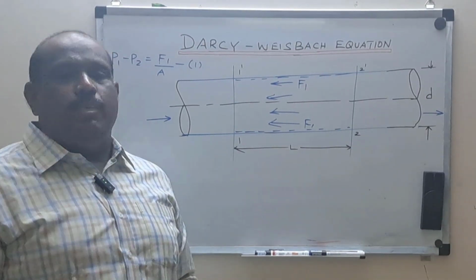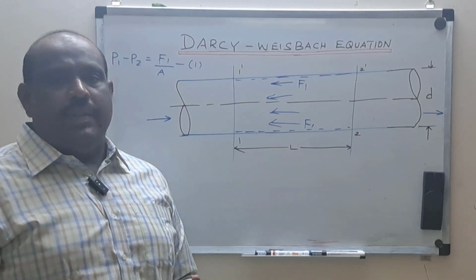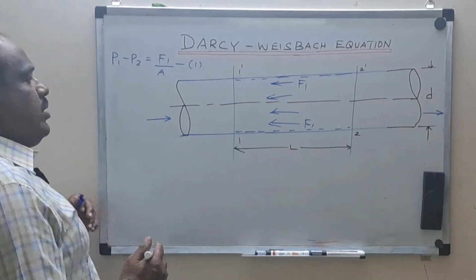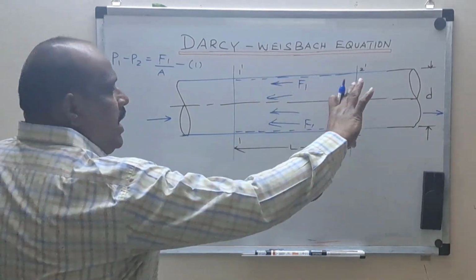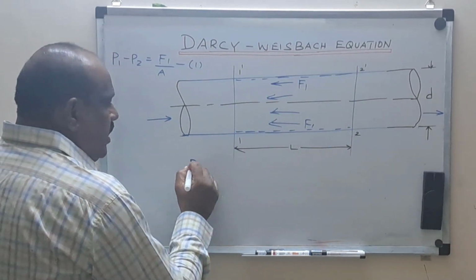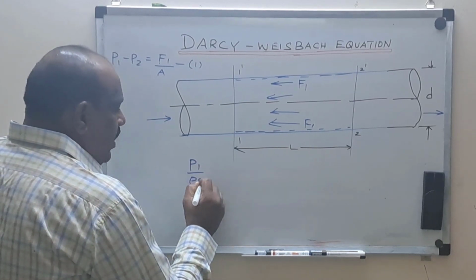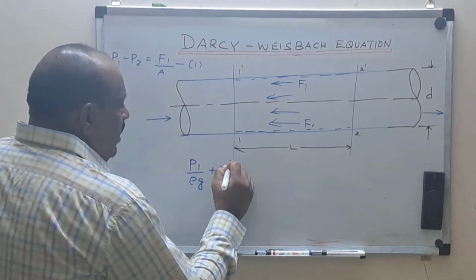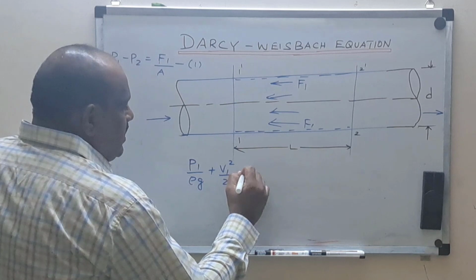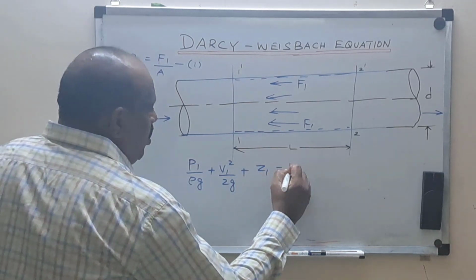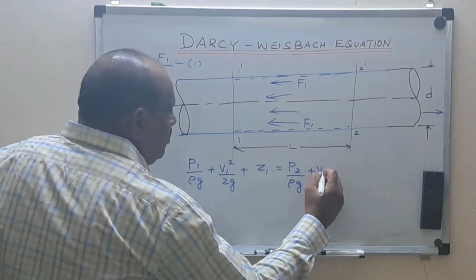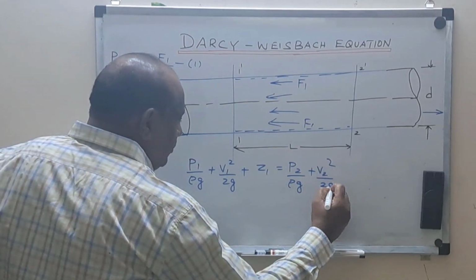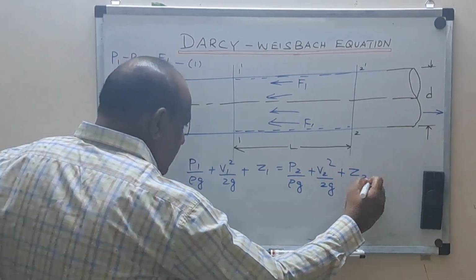Now let us try to apply the Bernoulli's equation between 1 1 dash and 2 2 dash. So what is the Bernoulli's equation? P1 by rho g plus V1 squared by 2g plus Z1 is equal to P2 by rho g plus V2 squared by 2g plus Z2.